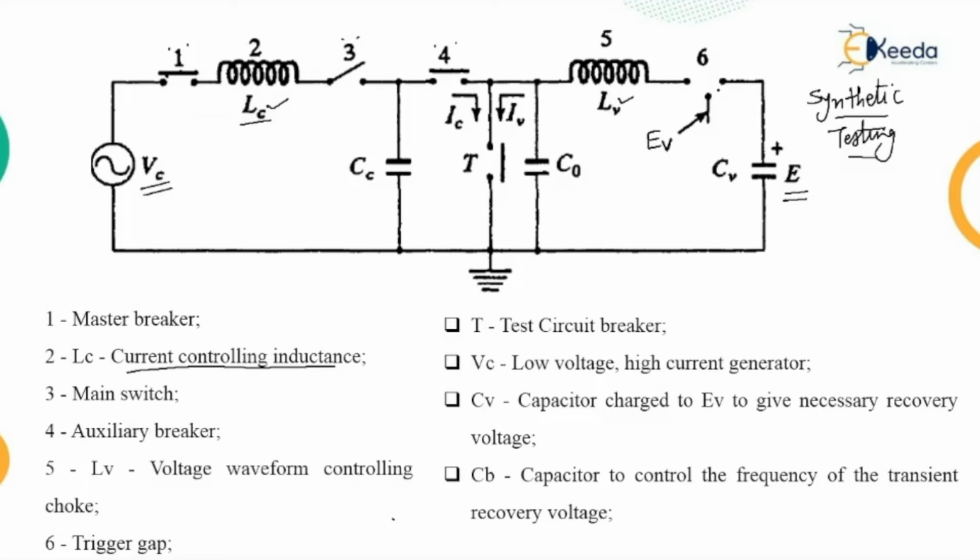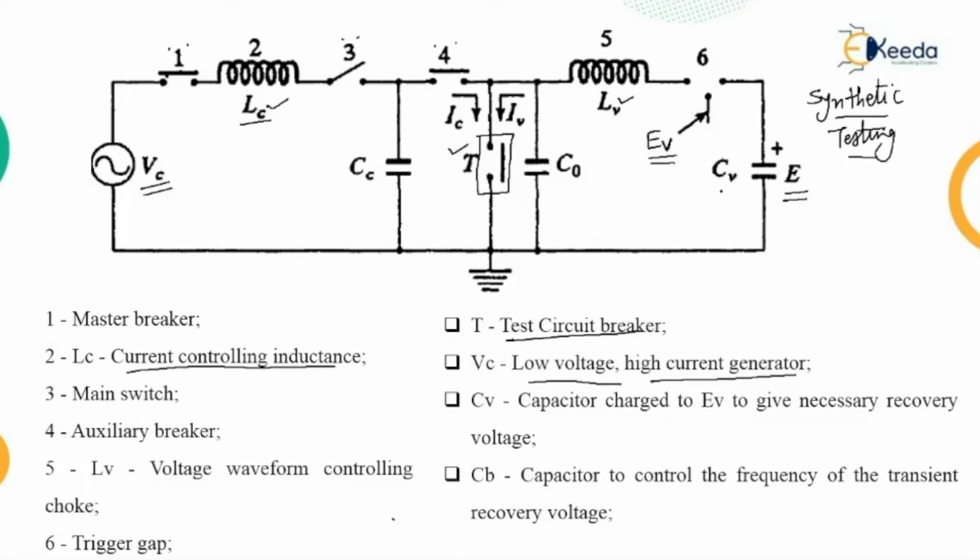Then there is a trigger gap which triggers at a voltage of EV. Another abbreviation used here is T, that is nothing but the circuit breaker called test circuit breaker. VC is the low voltage high current generator.